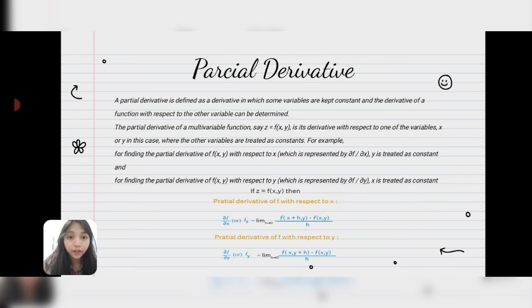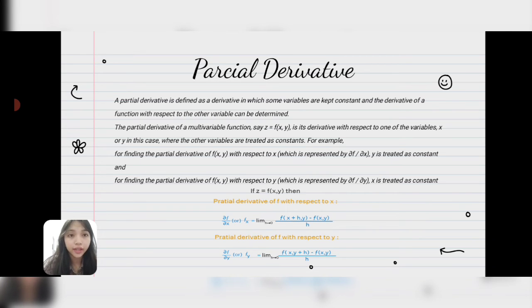The process of calculating a partial derivative is the same as that of an ordinary derivative, except we consider the other variables than the variable with respect to which we are differentiating as constants.